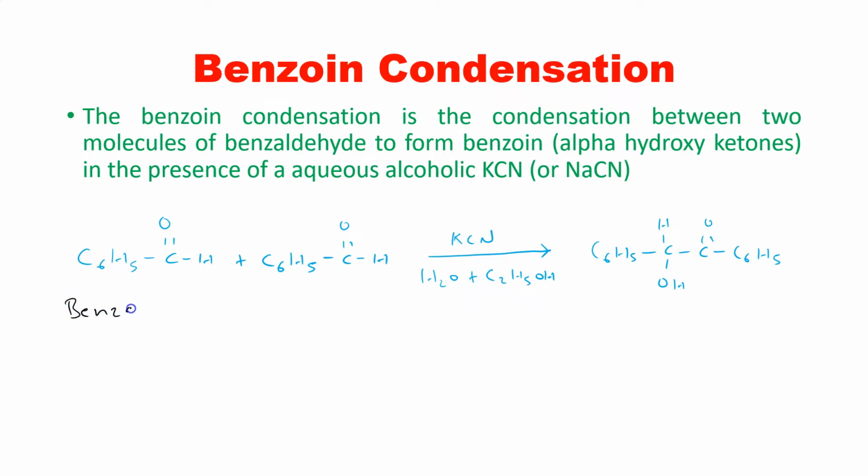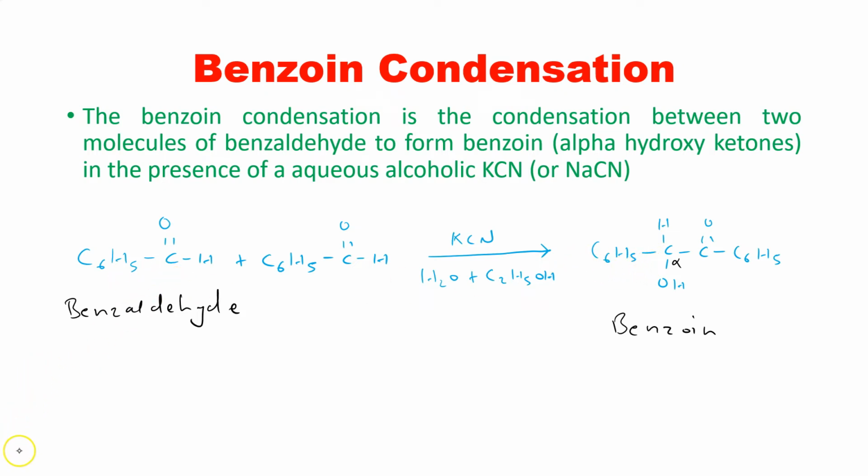This is benzaldehyde, and there are 2 moles of benzaldehyde and we got benzoin. It is also called alpha hydroxy ketone because if we see the position of the hydroxy, it is at an alpha position, as this is a ketone group and the hydroxy group is at an alpha position. So, alpha hydroxy ketones.